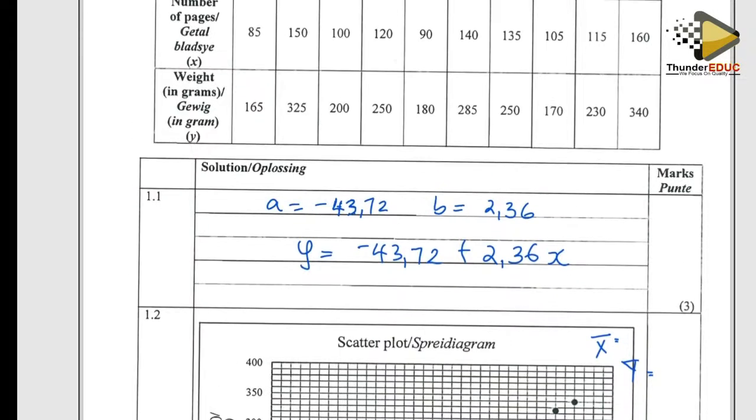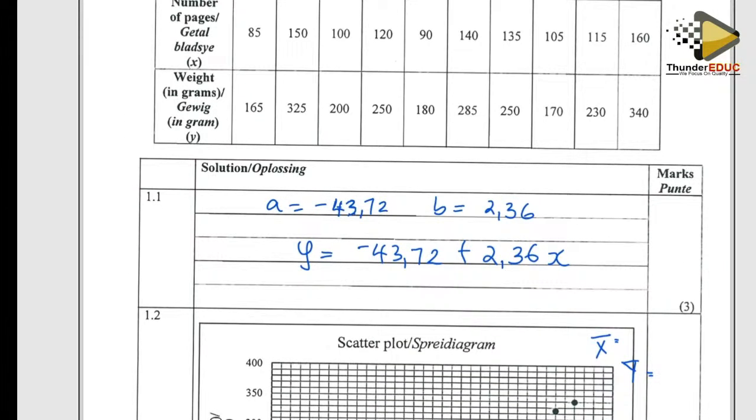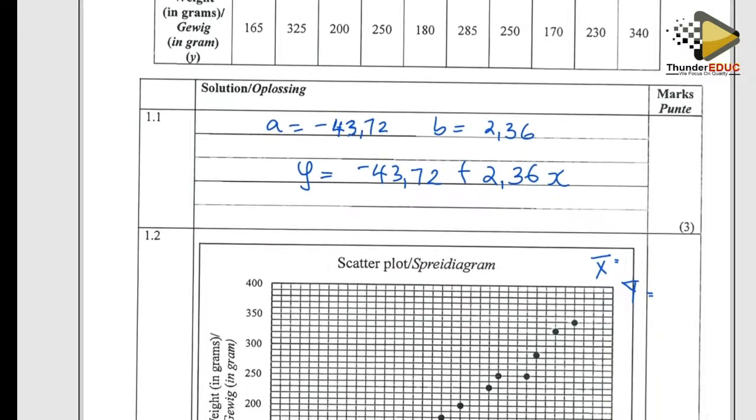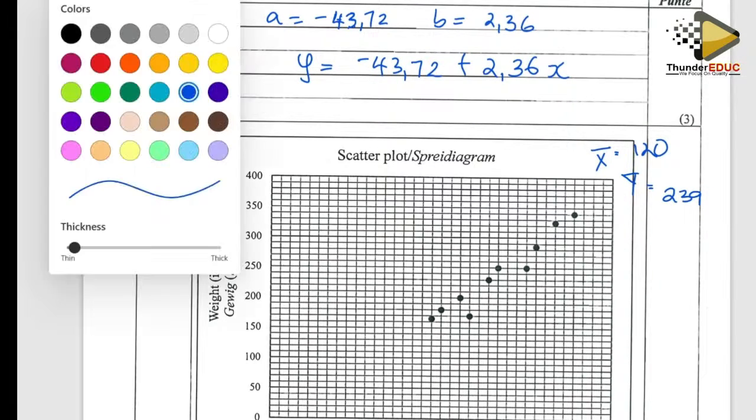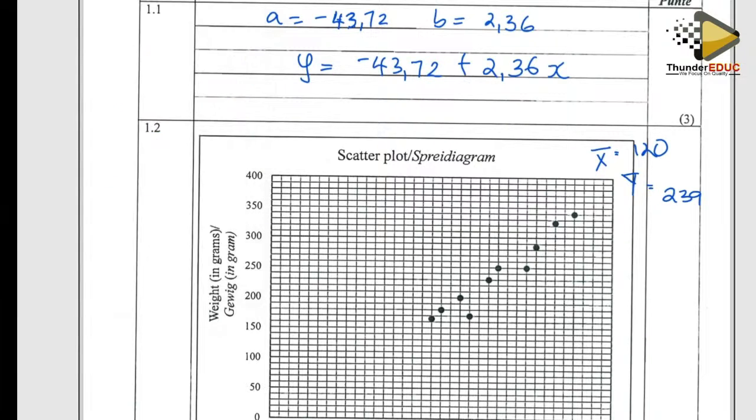I add up all the x values and divide by 10, add up all the y values and divide by 10. I end up with 120 for x, and for y I'm getting 239. So our line must rotate around this particular point.